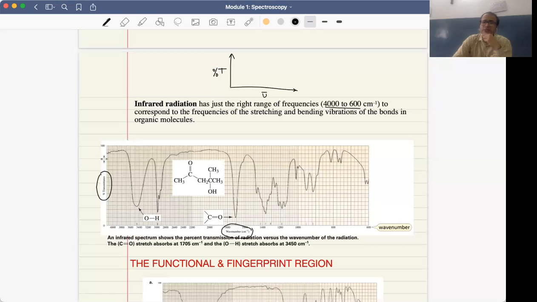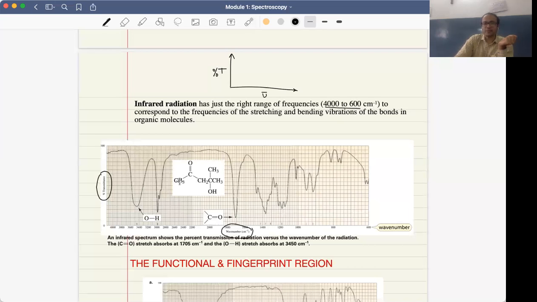If the molecule absorbs any infrared frequency, it will come as a depression in the IR spectrum. So you can see various peaks. It looks like an ECG, right? If any of you have seen an ECG, it looks similar.